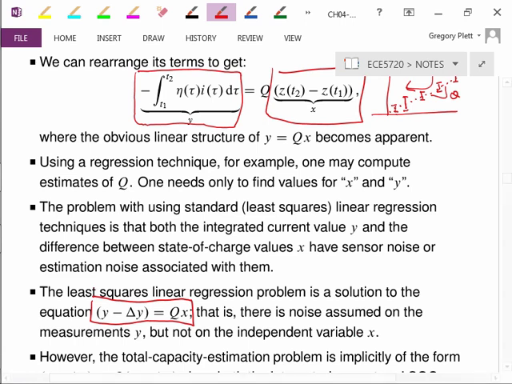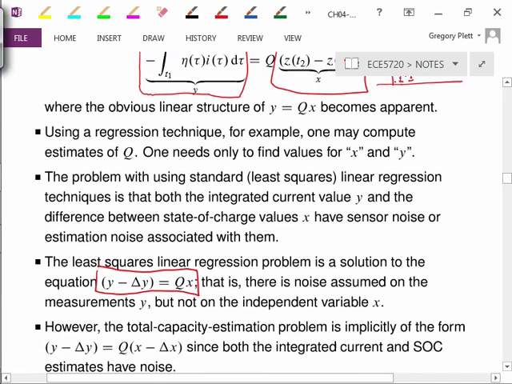I don't know what the noise is necessarily, but I assume that the delta y is random, but on average it is 0. And I find some q that minimizes the squares of y away from qx, even in the presence of this noise delta y, this zero mean noise delta y.